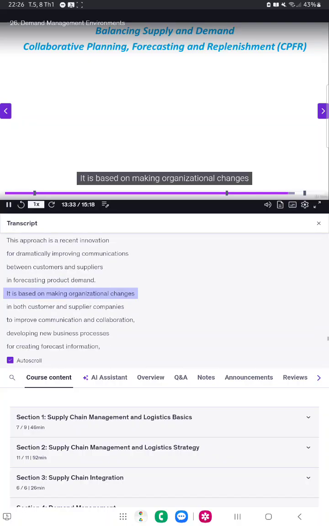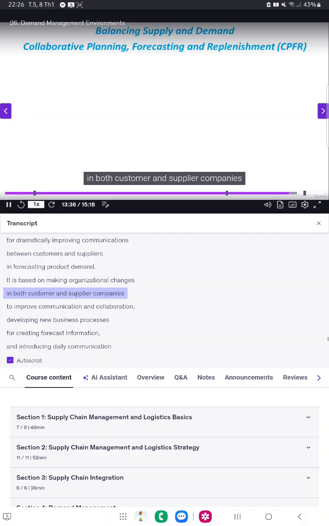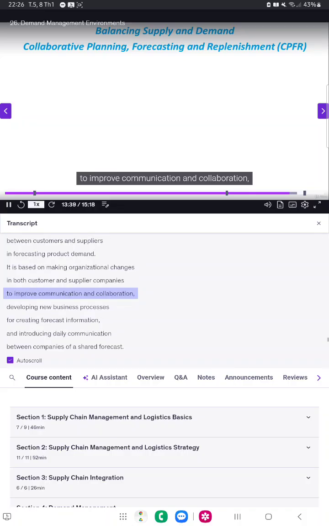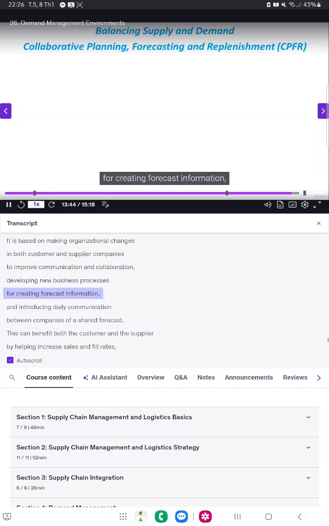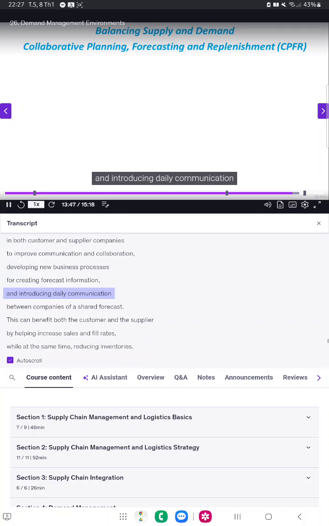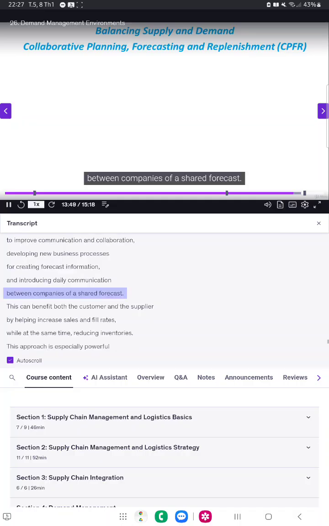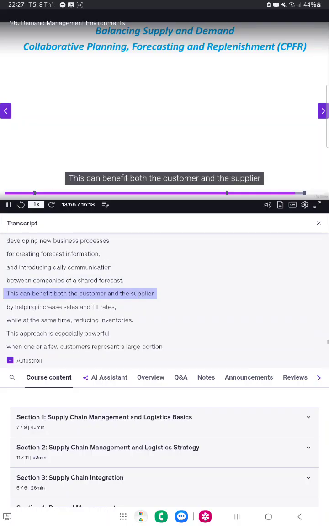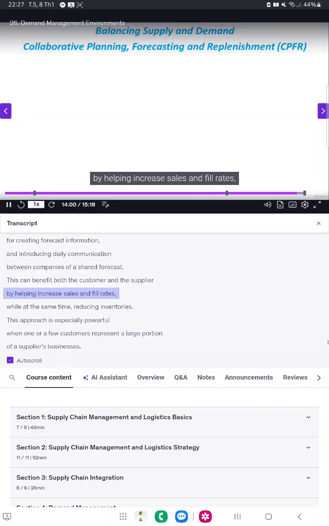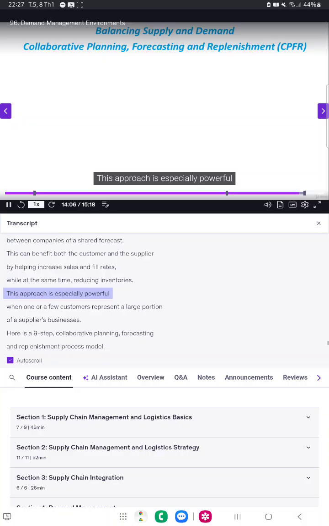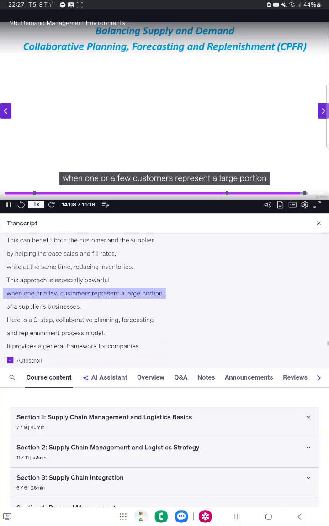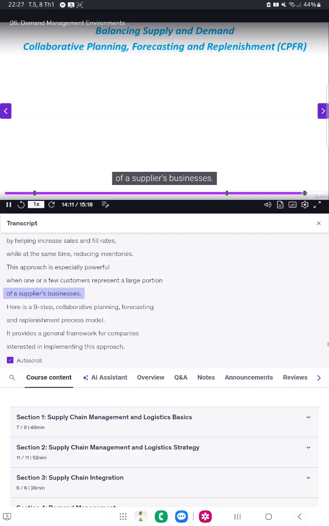It is based on making organizational changes in both customer and supplier companies to improve communication and collaboration, developing new business processes for creating forecast information, and introducing daily communication between companies of a shared forecast. This can benefit both the customer and the supplier by helping increase sales and fill rates while at the same time reducing inventories. This approach is especially powerful when one or a few customers represent a large portion of a supplier's business.